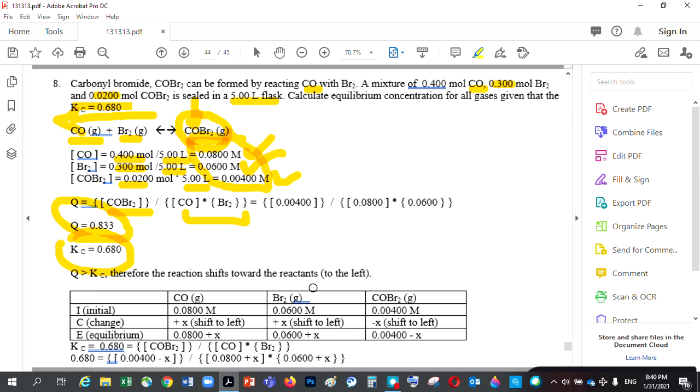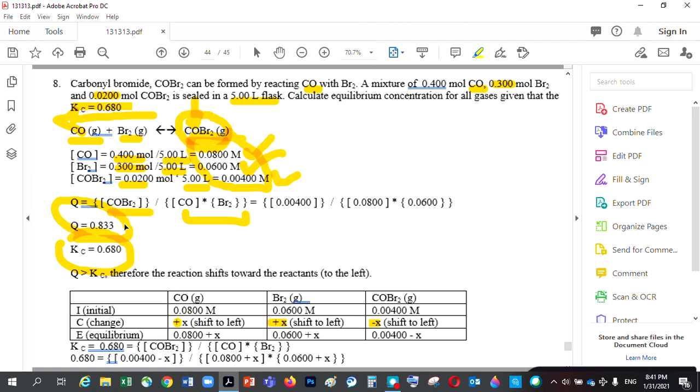So the consumed, the negative, is our product, and here in the ICE table it is negative because of the shift of the chemical reaction to the left, more reactants produced than the product. And here, produced will be positive. The bromine is a reactant, but it's really produced. And the carbon monoxide is produced, plus X.